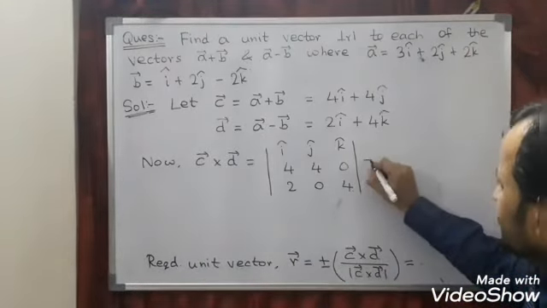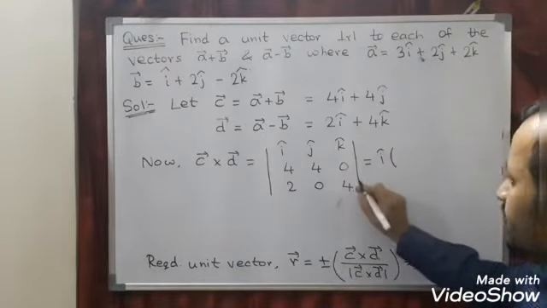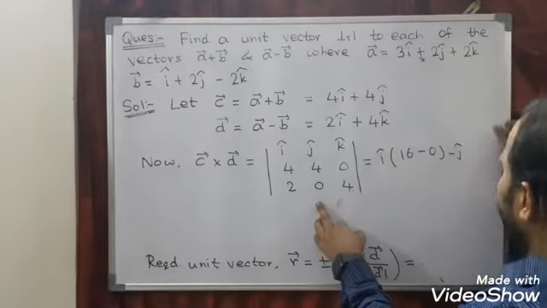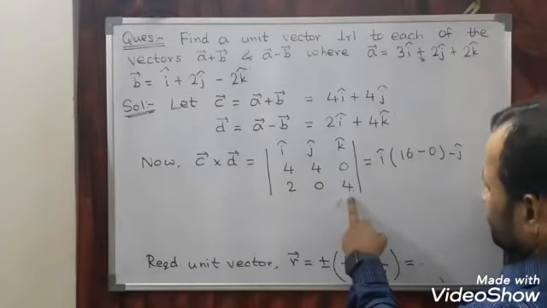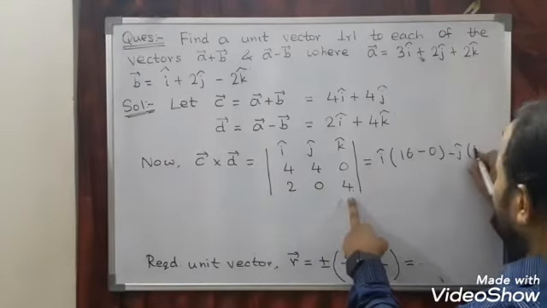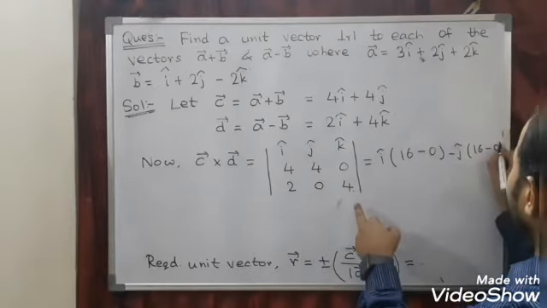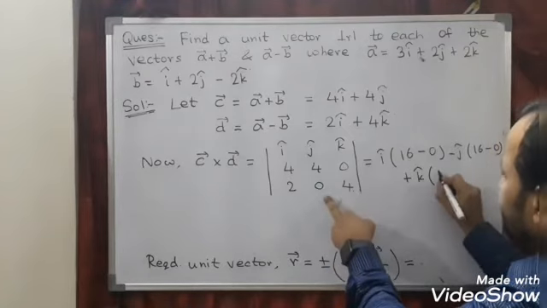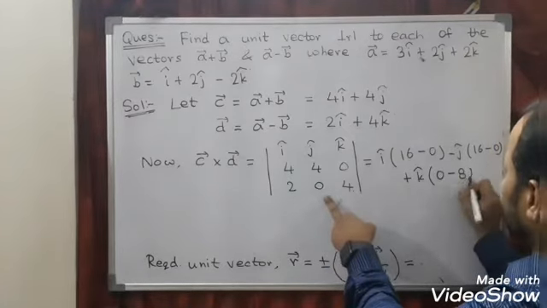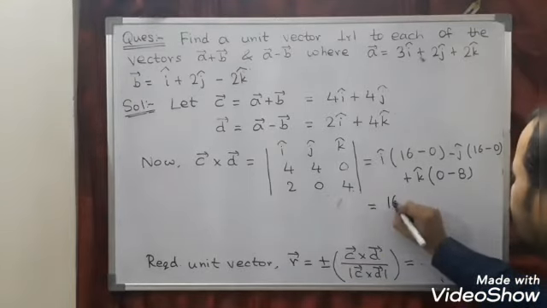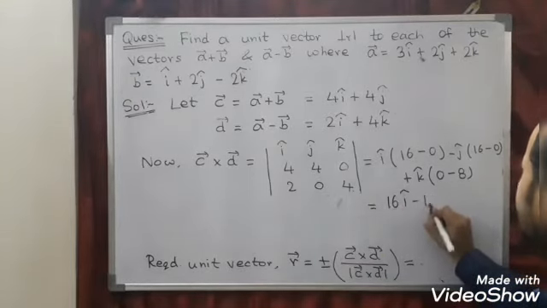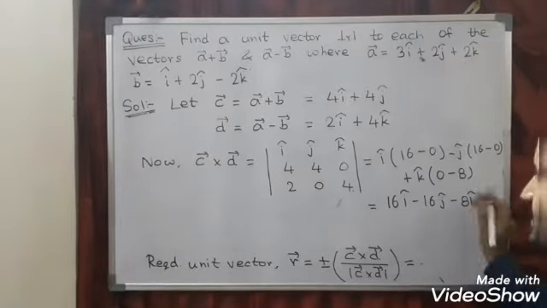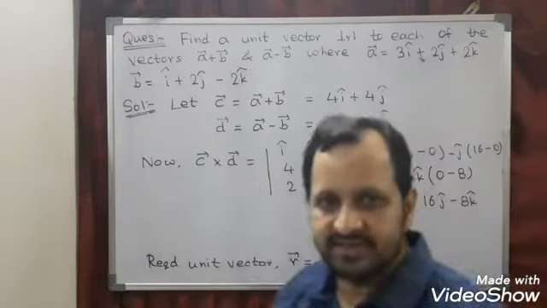So when you expand this, what you will get is i cap 4 into 4, 16, minus 0, minus j cap, 4 into 4, it is 16, minus again 0 will come, plus k cap, 4 into 0 is 0 minus 4 into 2 is 8. So finally you will get 16i minus 16j minus 8k cap. So this is the value of C cross D.